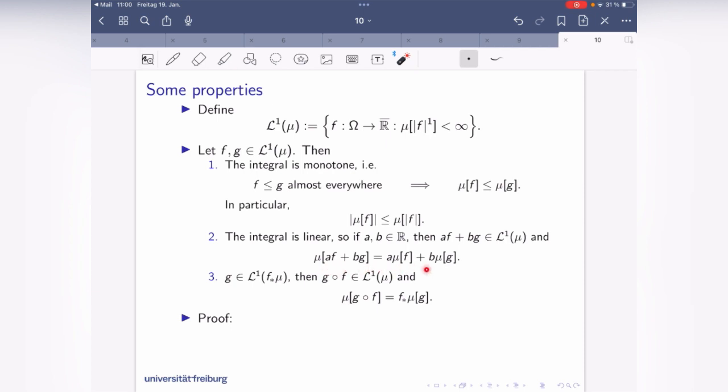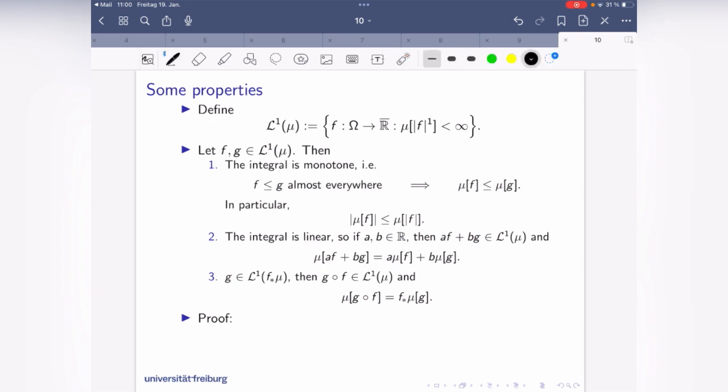Linearity, that's clear because it's also inherited from the simple functions. And the fourth is something which we need in probability theory. So when you have an f, you have the image measure of f, then integrating g with respect to this image measure is the same as integrating the composition of g and f. Well, that looks as if you can prove something.